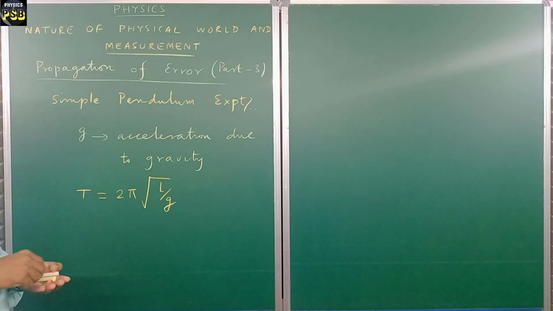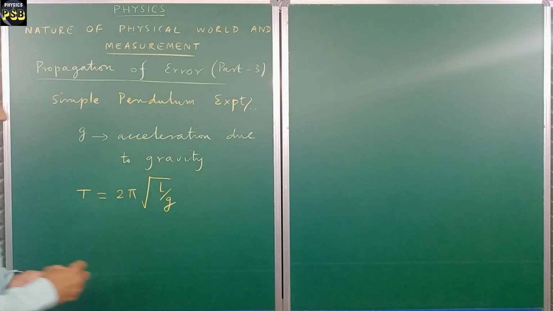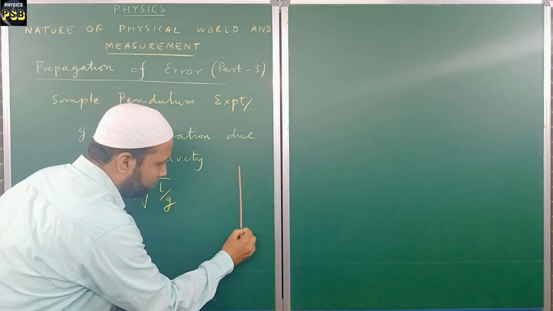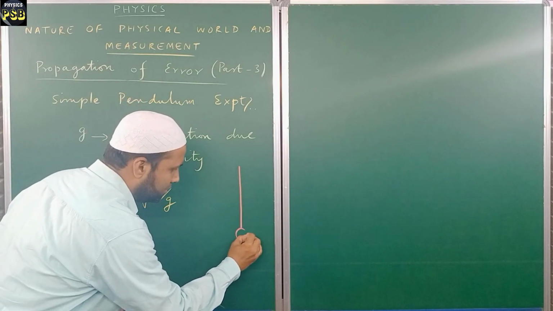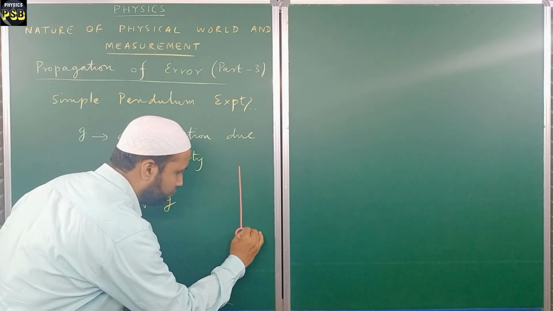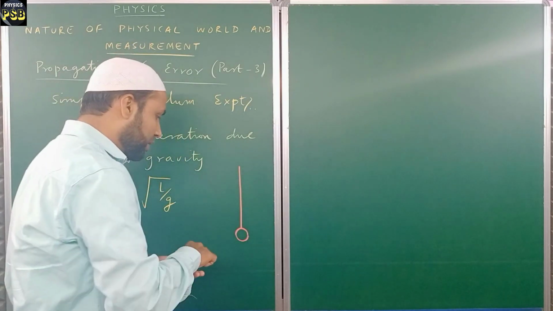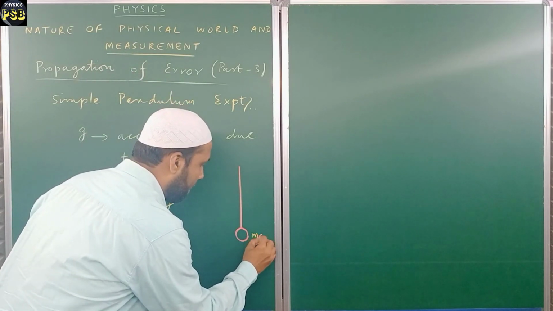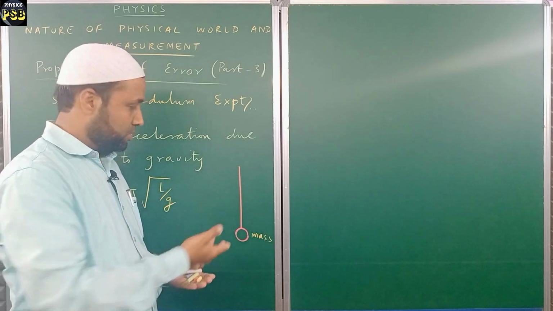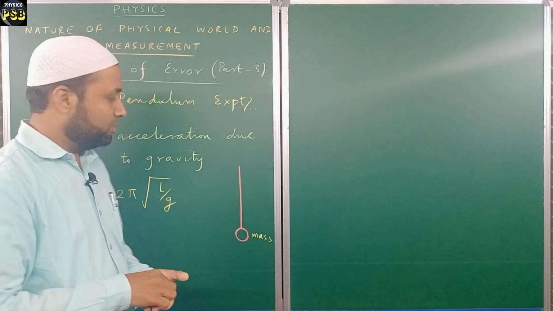What is this simple pendulum? How does it appear? In a lower class you might have studied about it. A simple pendulum consists of a bob, a mass which is suspended with the help of a string. The string may be a thread.